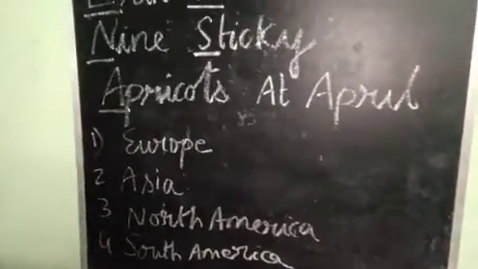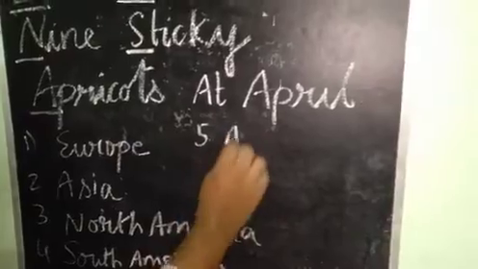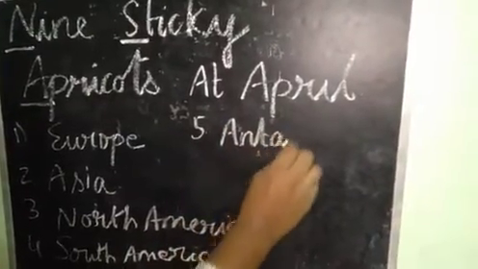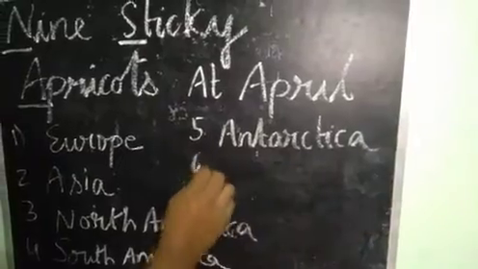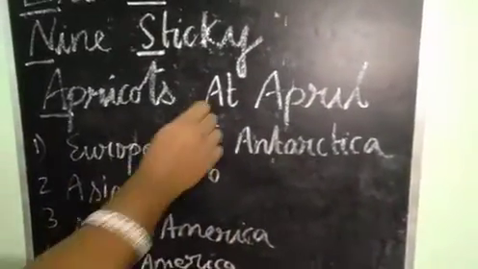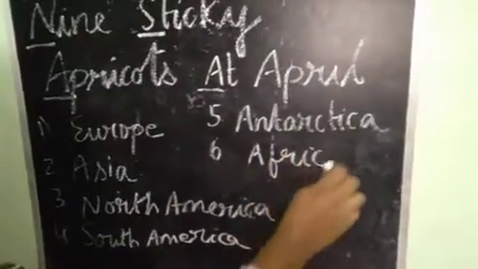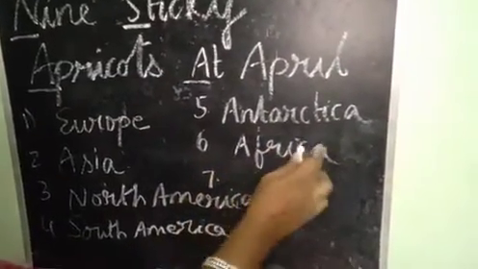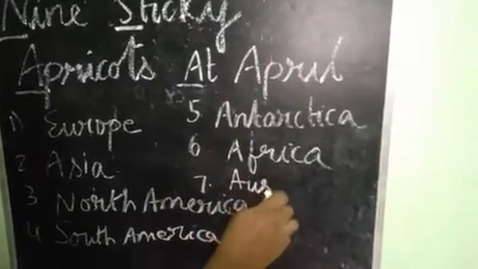A again for Antarctica. One more A for Africa. Last one is Australia.